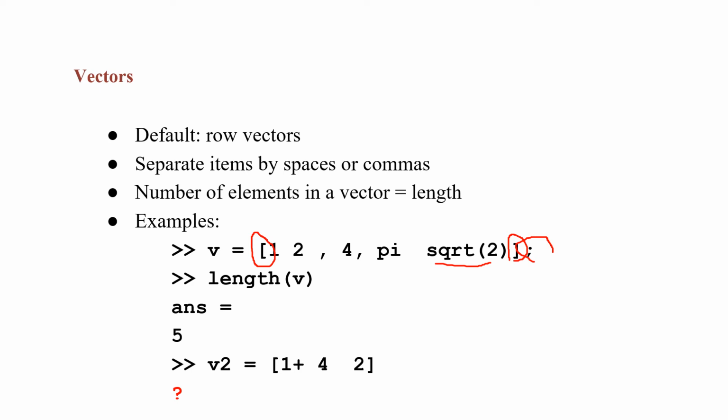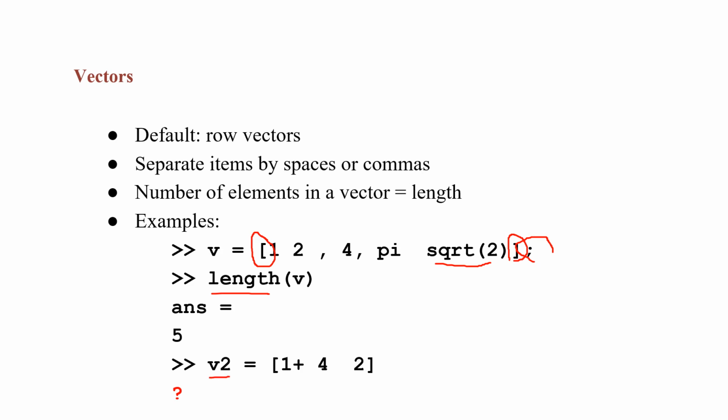Here, vector v has 1, 2, 4, pi, the value of which is 3.14, and the square root of 2 as elements. So, for example, I can call the built-in function length on v, and it will give me how many elements vector v has. All right.